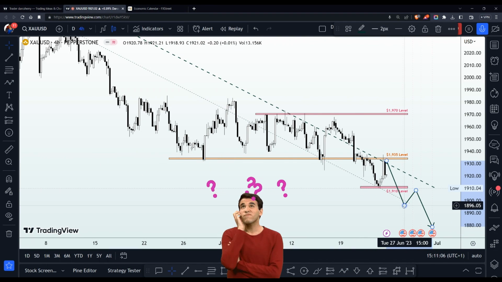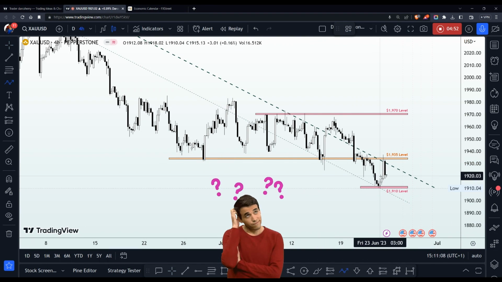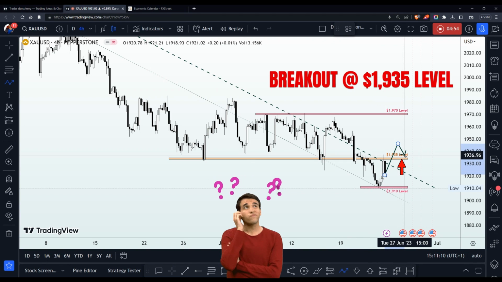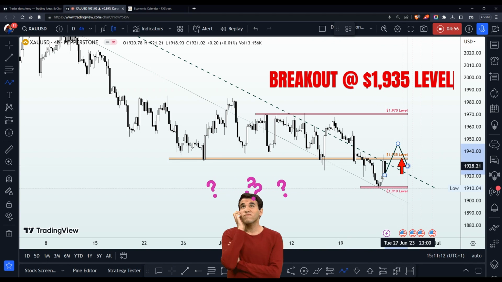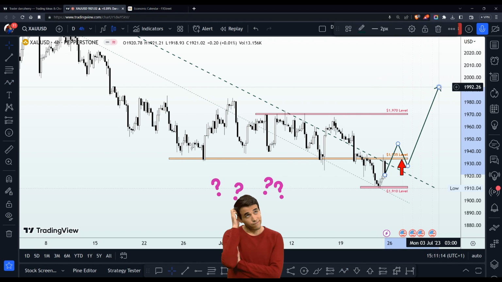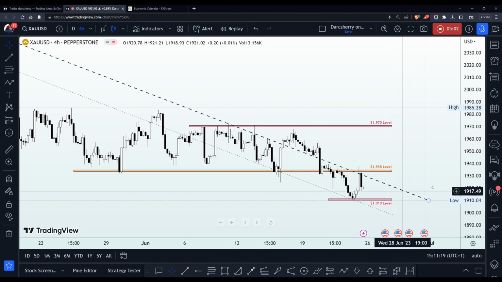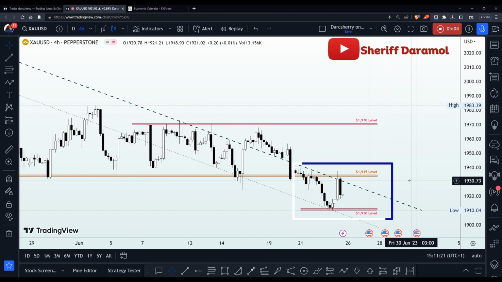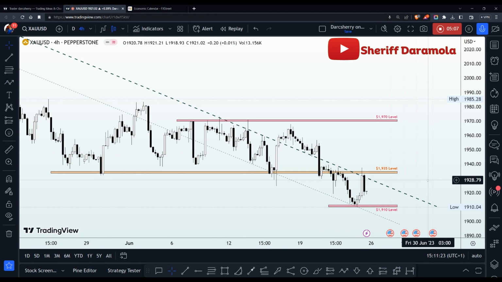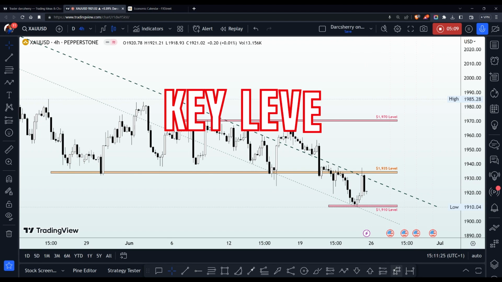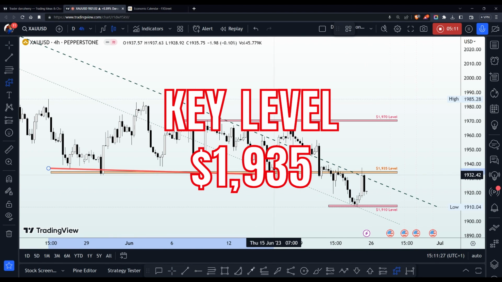Or are we going to be seeing price action break out of the 1935 and the descending trend line to incite an opportunity to buy? You would agree with me that we are at a critical point in this market where anything could actually happen. So as a result of this, I have the 1935 serving as my key level for this week.